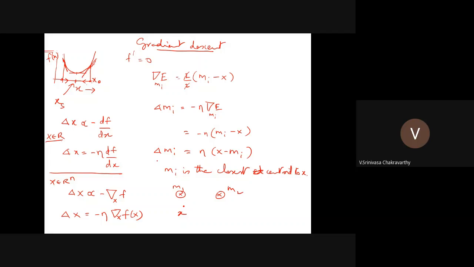What does the rule say? Move mi in such a way that it is proportional to x minus mi. That means move it towards x a little bit. And how much is a little bit? That is given by eta. So eta defines the step size, the jumps by which you move. Usually it will be a very small number, like 0.1 or 0.05.